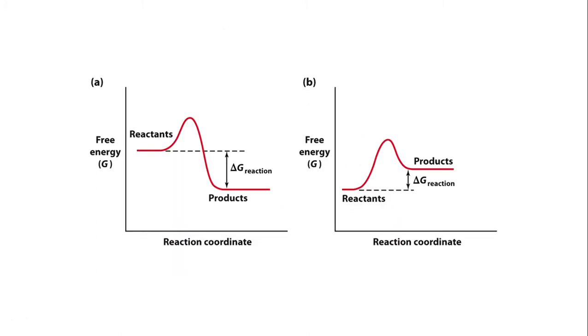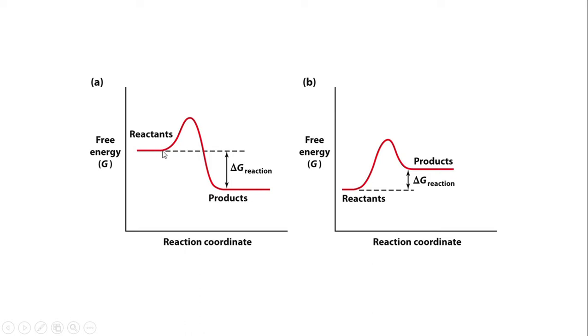Okay. Now we're going to look at the difference between a spontaneous reaction and a non-spontaneous reaction. So in nature, the free energies of reactants and products are seldom identical. On the left, we have an energy diagram of a spontaneous reaction. So we have reactants going to products.